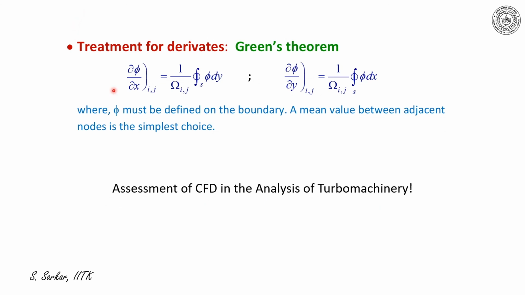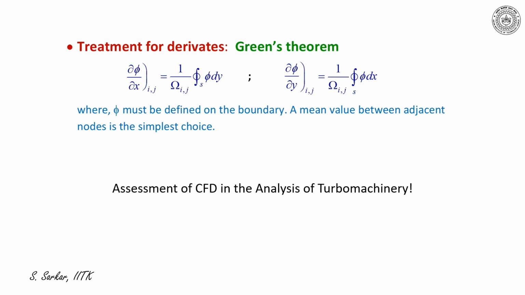Regarding treatment of derivatives, again we can use Green's theorem, and thereby del phi del x at a point ij can be expressed as 1 divided by omega ij times the surface integral of phi into dy, and del phi del y can be expressed as 1 divided by omega ij times the surface integral of phi into dx, where phi must be defined at the boundary of a cell, and a mean value between the two adjacent nodes is the simplest choice.